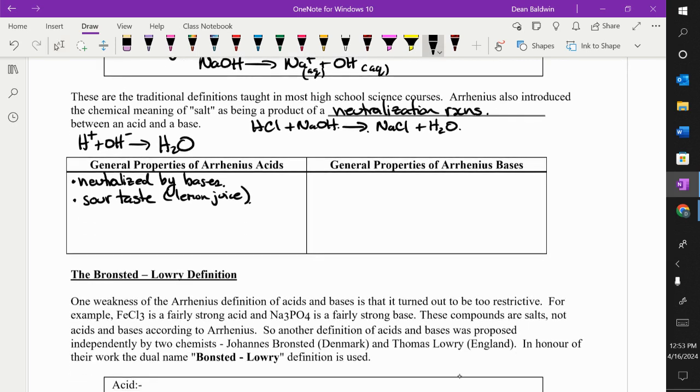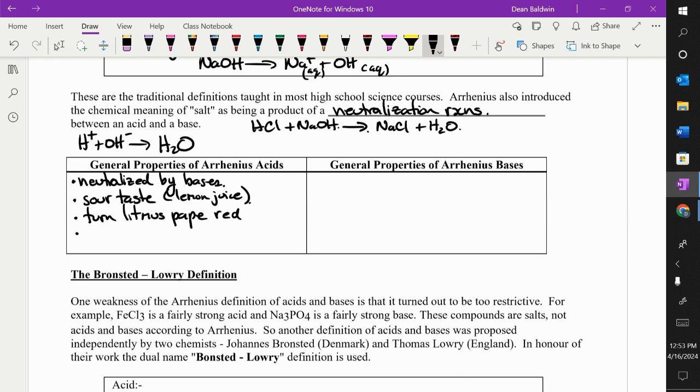They turn litmus paper red. We will see litmus paper throughout this. Have you used litmus papers before? Litmus paper doesn't tell you anything other than the solution is acidic or the solution is basic. There's pH paper that'll tell you the pH, but we'll talk about that, and we'll use that.